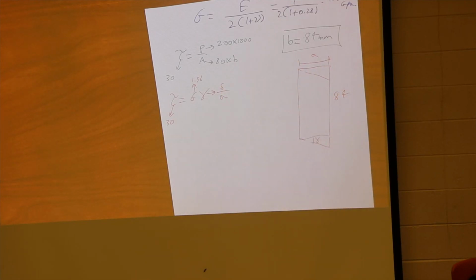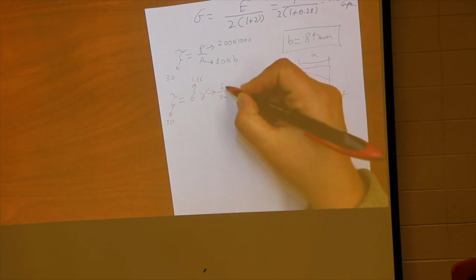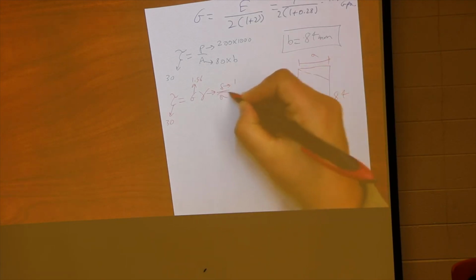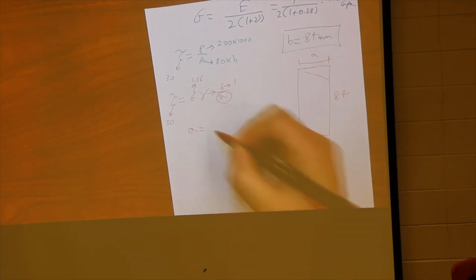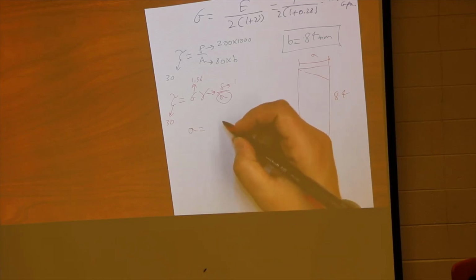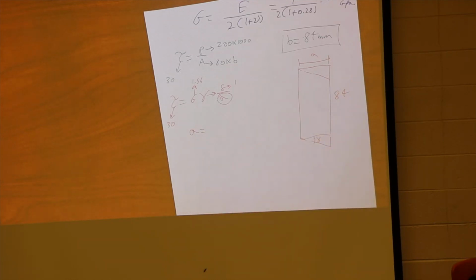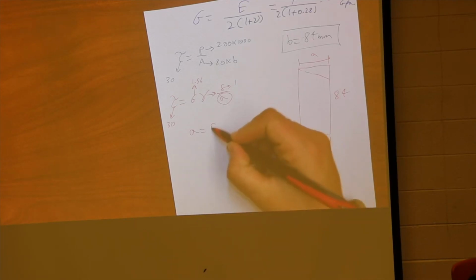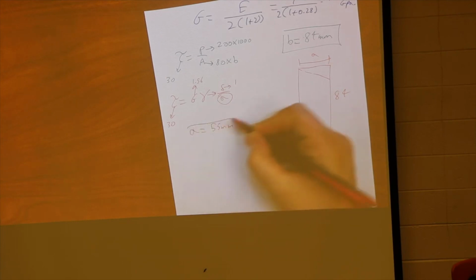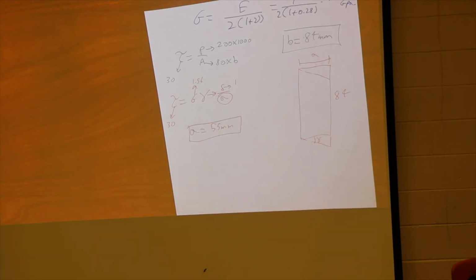We told you the deflection cannot exceed 1 millimeter. So this is 1. Solve for A. A has to be 55 millimeters. This is the nearest answer. So this is what satisfies those criteria.